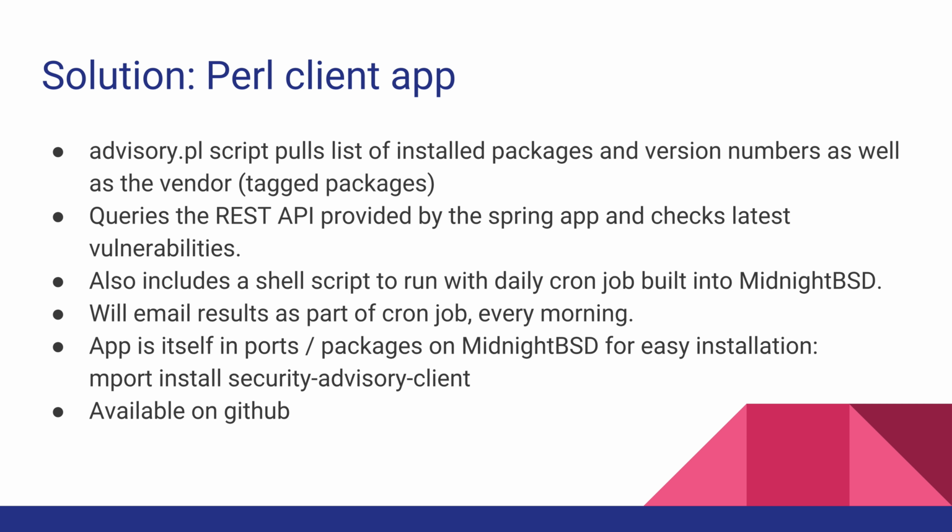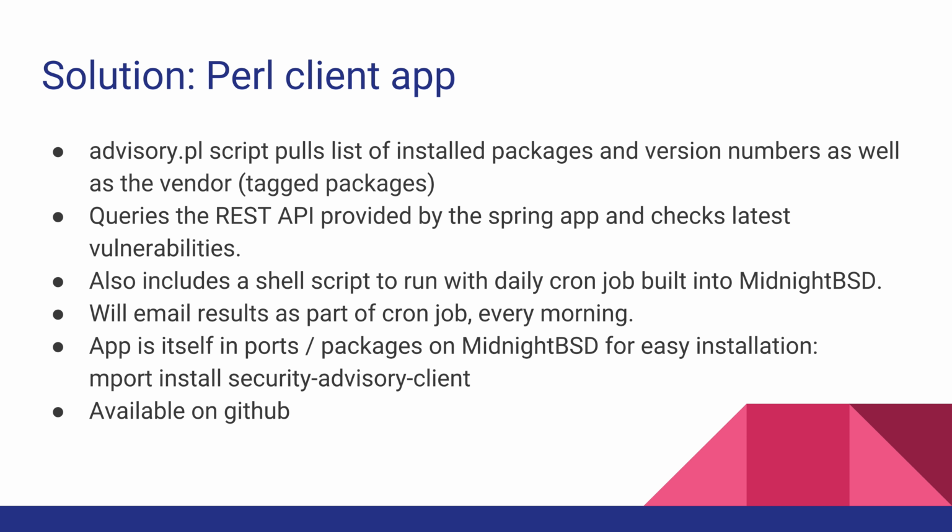So what I decided to do was, I wrote a Perl script that I called advisory.pl, which pulls data from the import command line tool, which is the package manager, and it compares the individual versions of installed packages against the database. Now, this requires that the packages have to be tagged with the vendor and the name of the software package, as well as the version number.